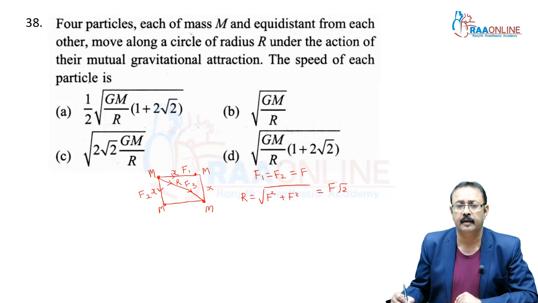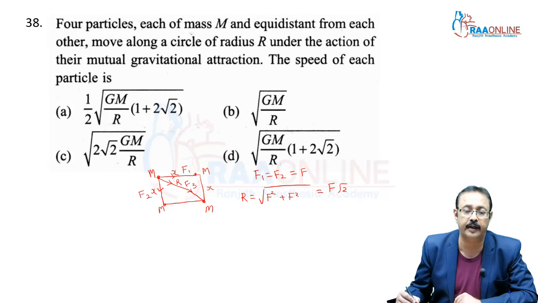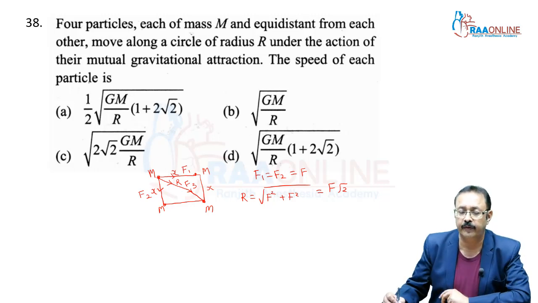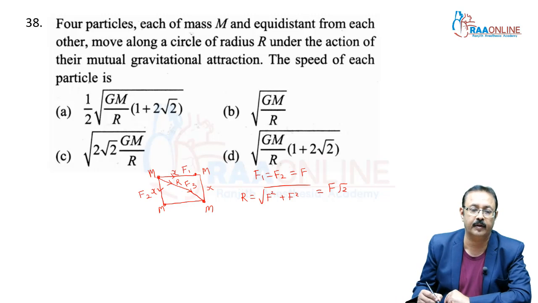Next, they are moving in a radius of r. So we will calculate that also, because r will now become the radius, and in this we can calculate x because r is the diagonal, so r should be equal to x root 2.